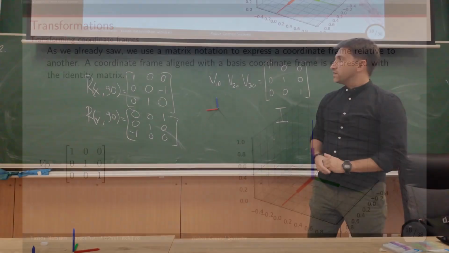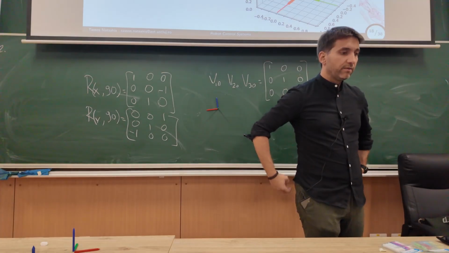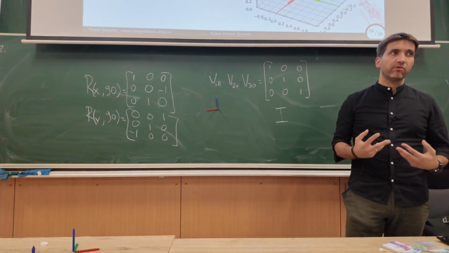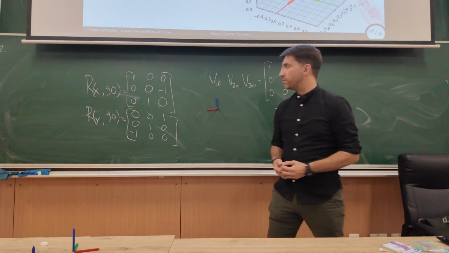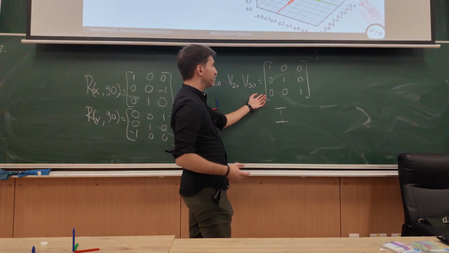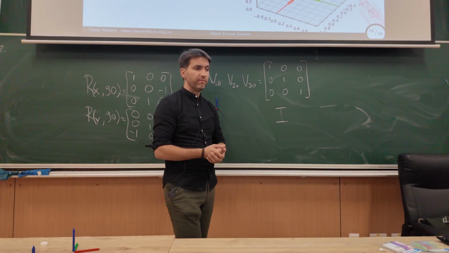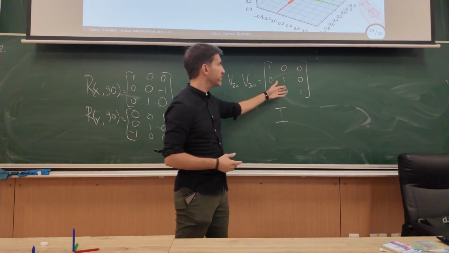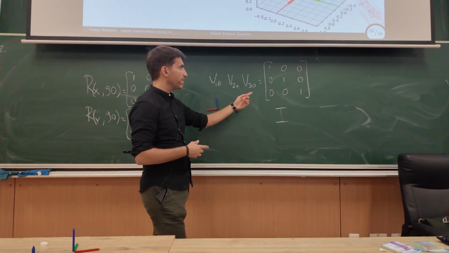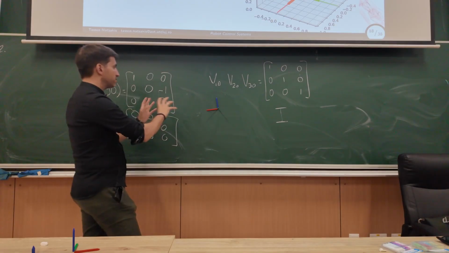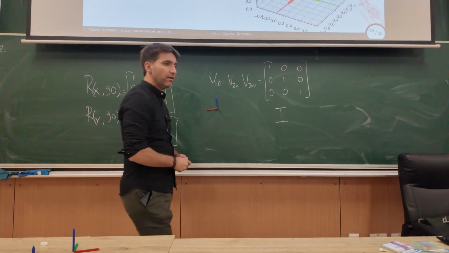Now, we will see that these transformation matrices represent basically two things. How do we interpret them? We saw here that using this notation, we describe the coordinate frame. It's the coordinates of a reference frame with respect to another frame, and these coordinates can change by rotating things around.